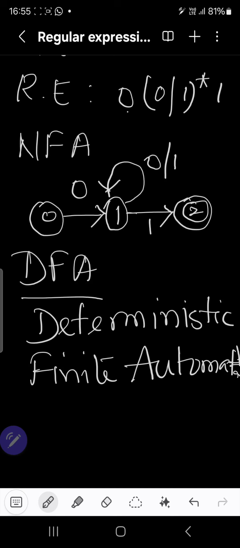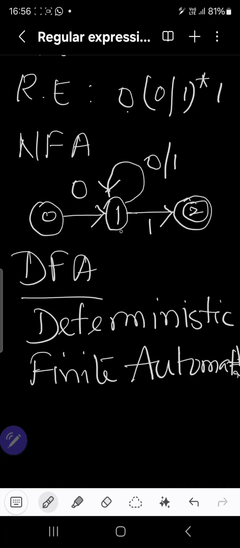How we differentiate NFA from DFA is NFA can contain more than one next state on a particular input, whereas in DFA it is deterministic, meaning that from a state on a particular input, the next state can be only one. We cannot have more than one next state on the same input.